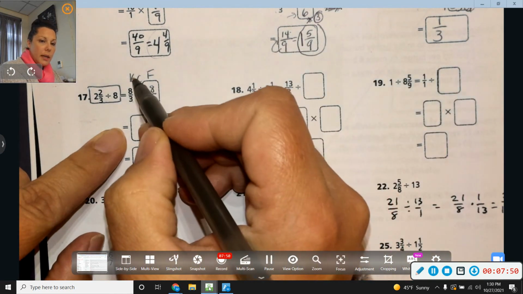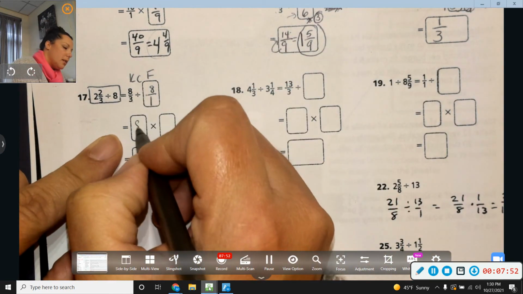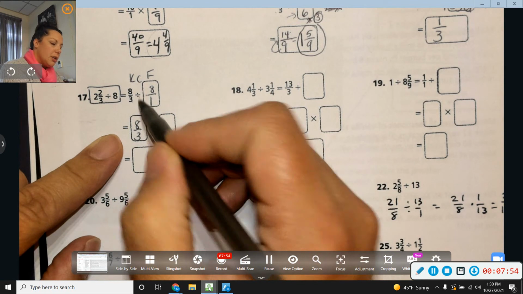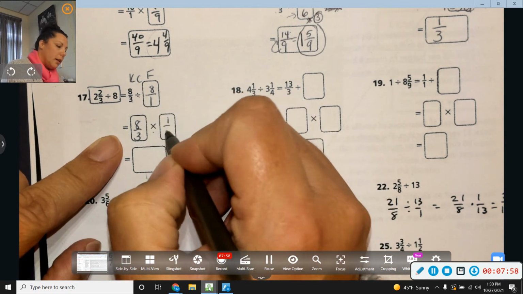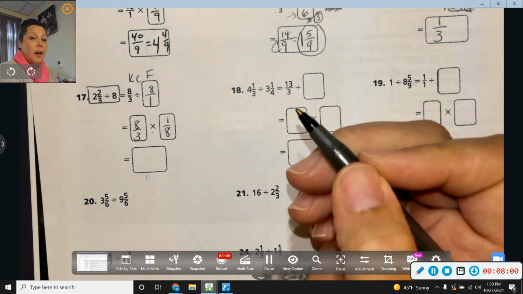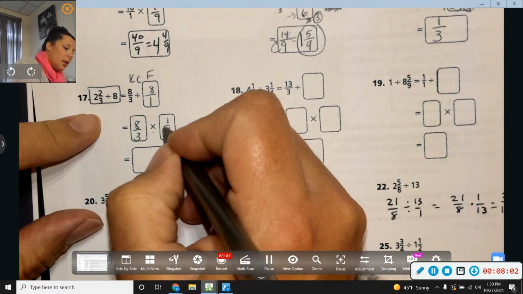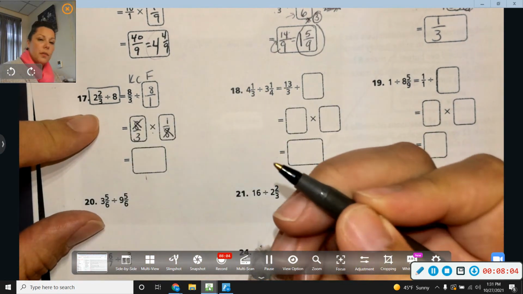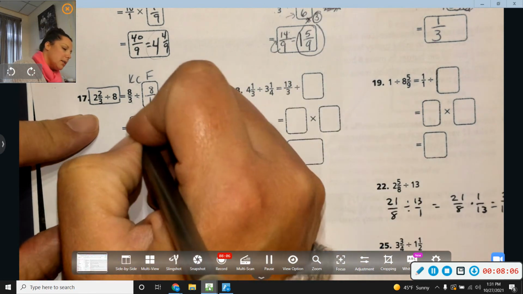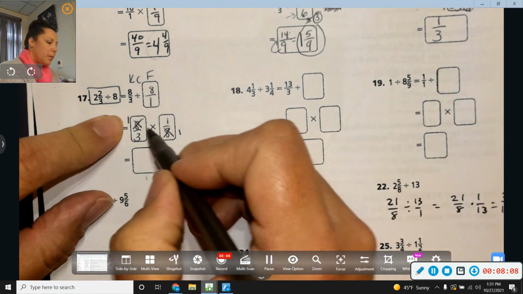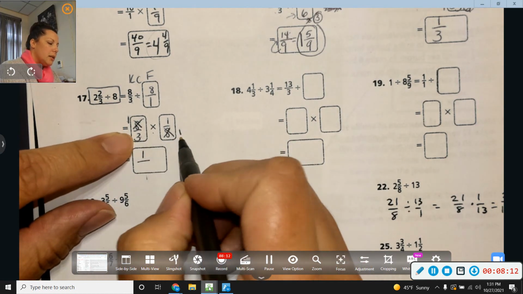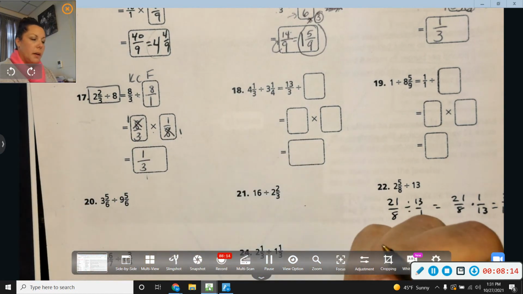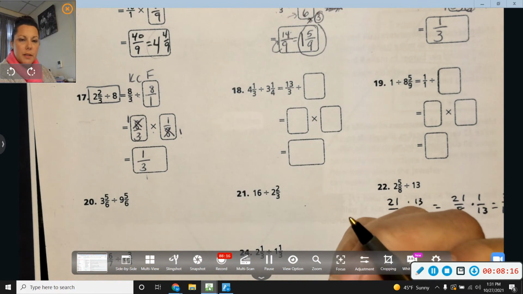So if I want to keep 8/3, I just rewrite it, change divide to times, and flip to be 1 over 8. Again, I love, love, love when I have two of the numbers the same. I cross them out and make them 1s. 1 times 1 is 1. 3 times 1 is 3. Okay, worked out the same.